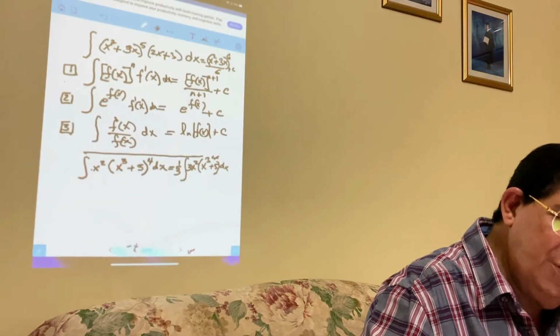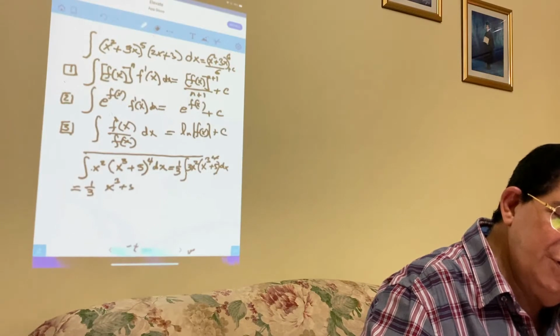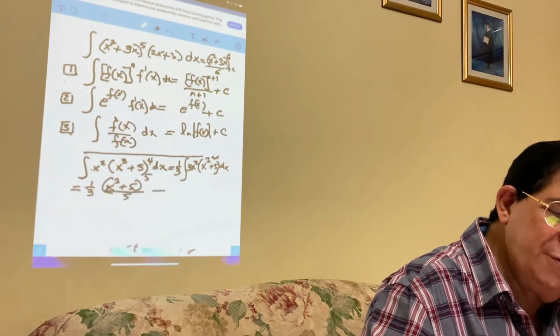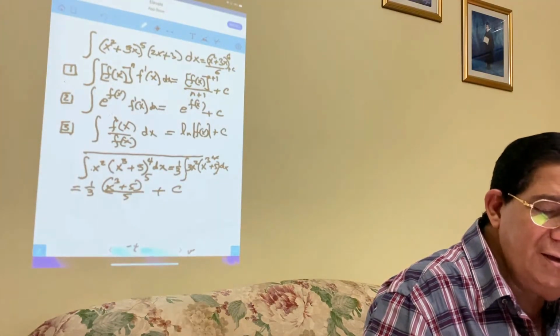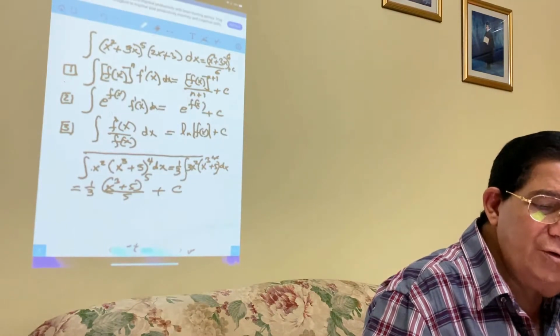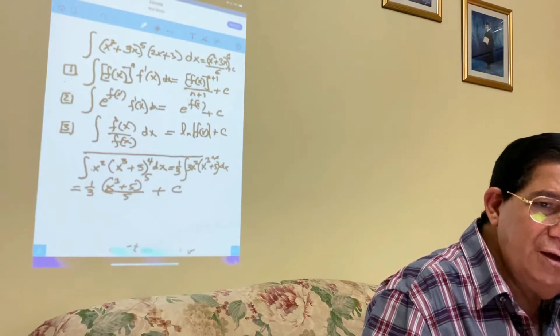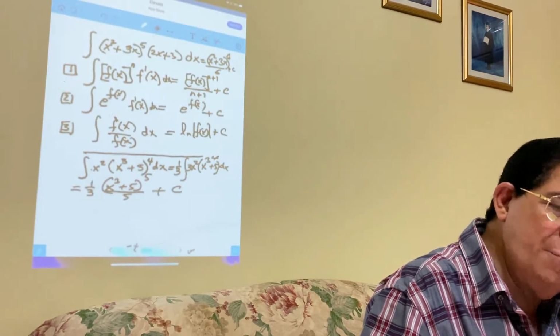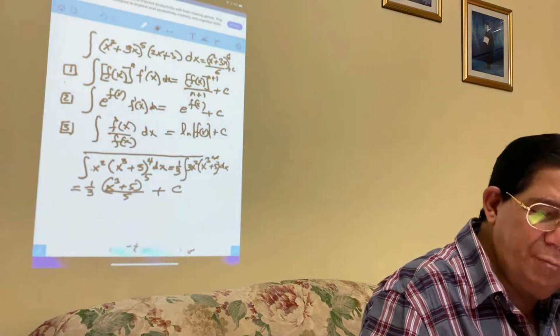And therefore, there will be 1/3 outside, and then we say x cubed plus 5 to the power 5 over 5 plus c.